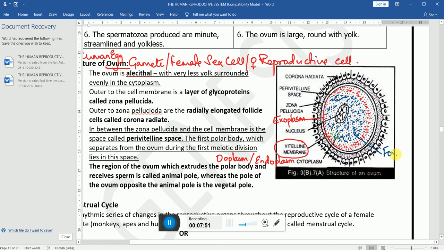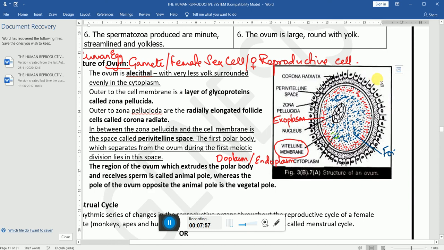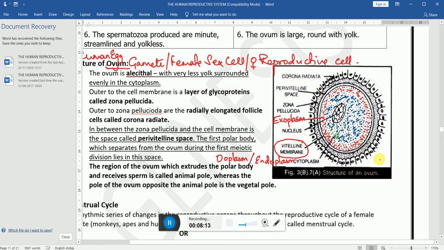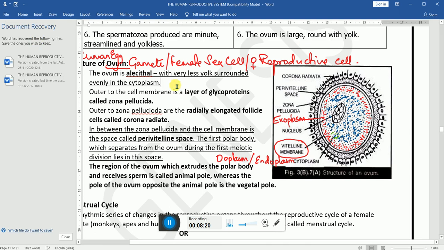I hope I will be able to write it right now. No, it's not allowing me. Why is it not allowing me?